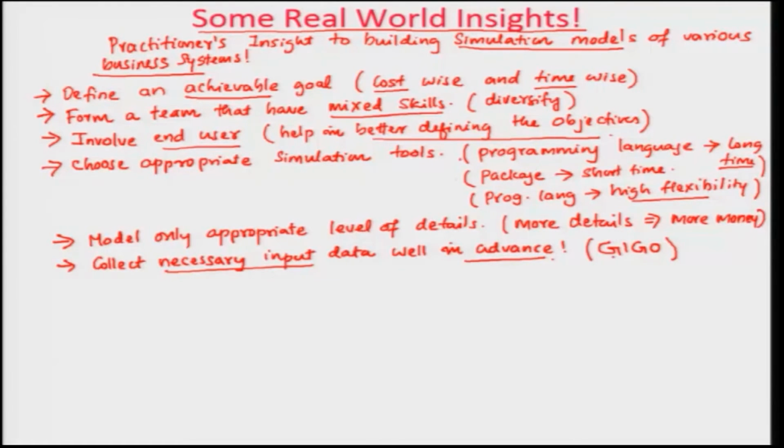If you collect garbage input data, then you get garbage output. This means garbage in, garbage out. So start well in advance and collect necessary input data to ensure that you have the right data that you are collecting for your output.